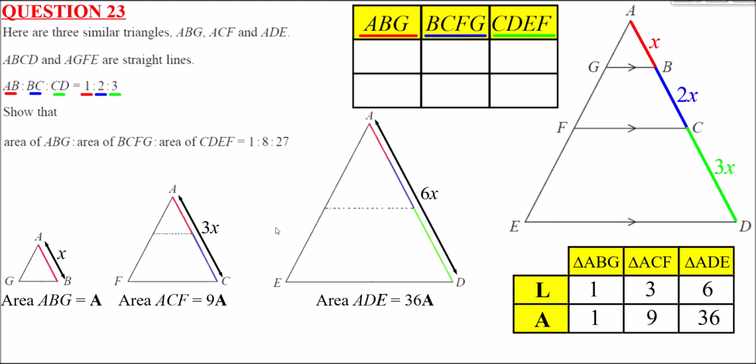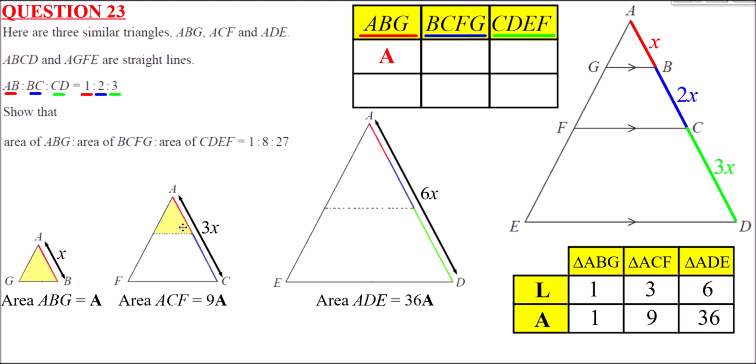So just considering the small triangle ABG for a second, if we say that's area A, we can add this on here. But of course, because ACF comprises basically a trapezium with ABG stacked on top of it, this area here will be the same as this one here.